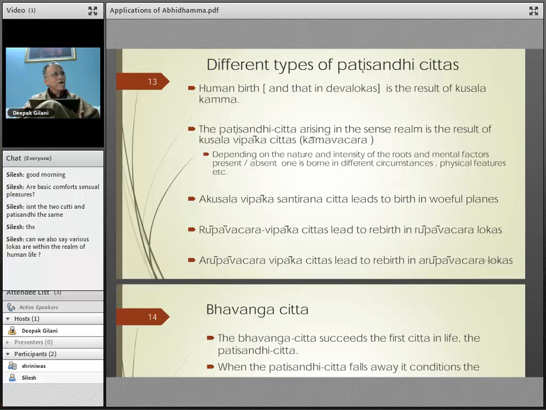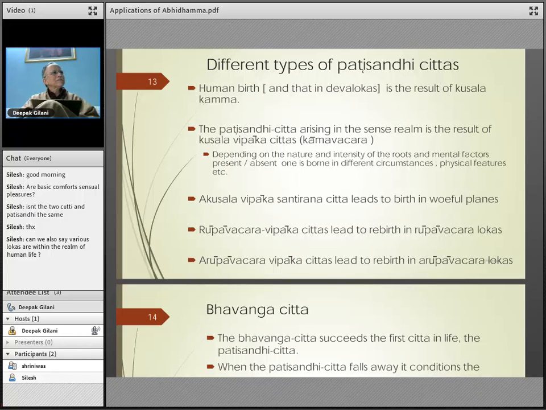So Silesh has a question: can we also say that various lokas are within the realm of human life? It's not. I mean, according to the Buddha, it's not true. Of course, we experience various things here. As human beings we can experience the feelings of animals, feelings of devas, depending on what arises at every moment.